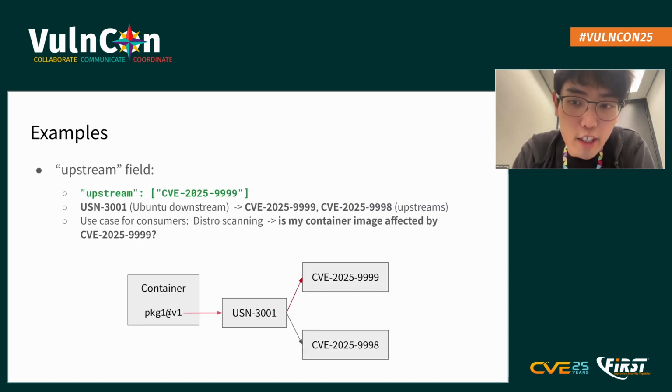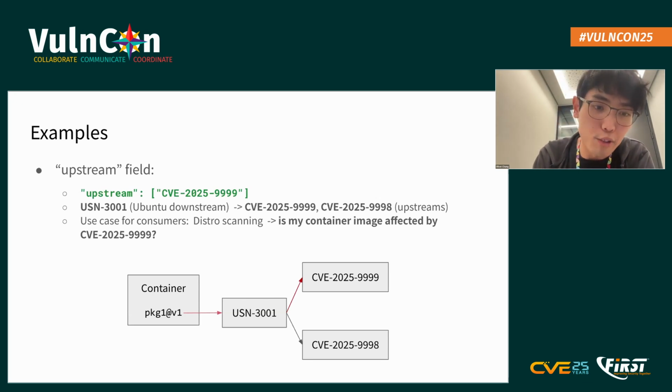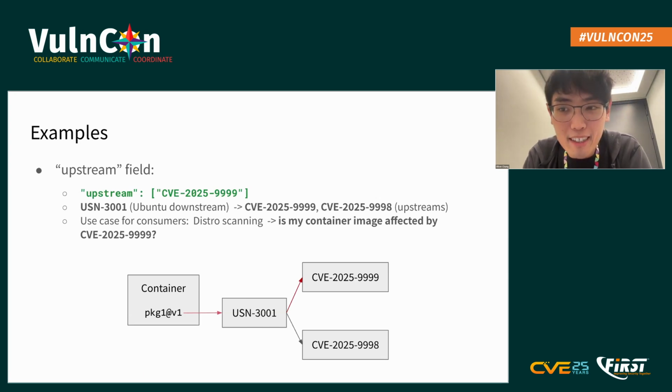Now, aliases aren't the only kind of field for recording relationships between vulnerability records. There could be many others, but we only want to record these relationships if they tie back to our use cases. So one recent relationship field we added was the upstream field, to record vulnerabilities where one is upstream of another.